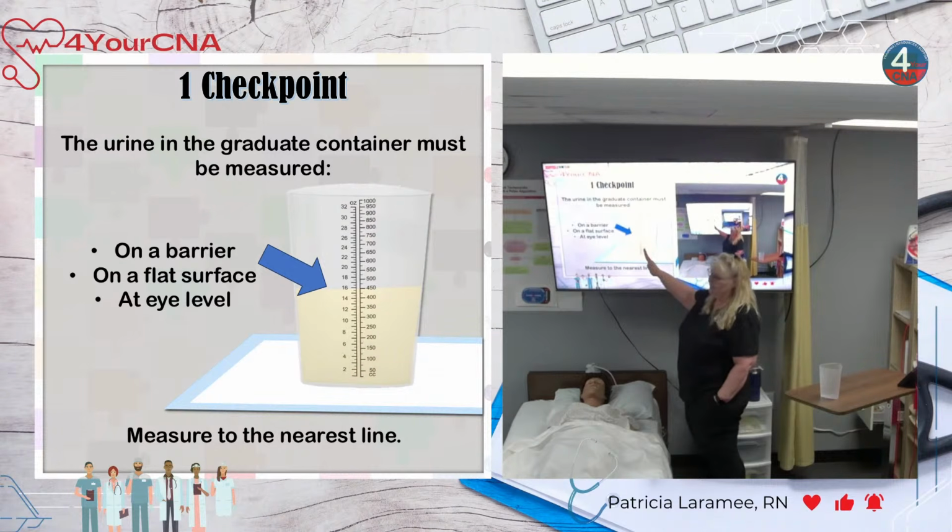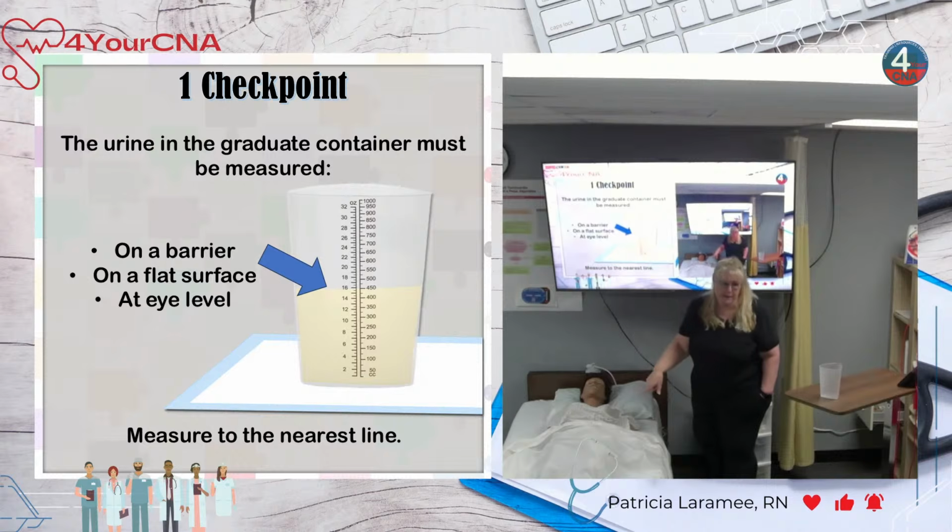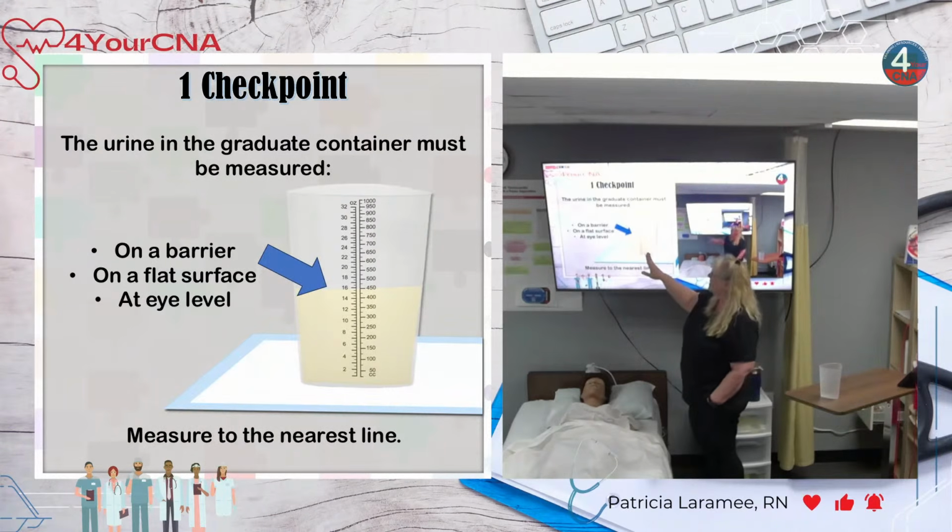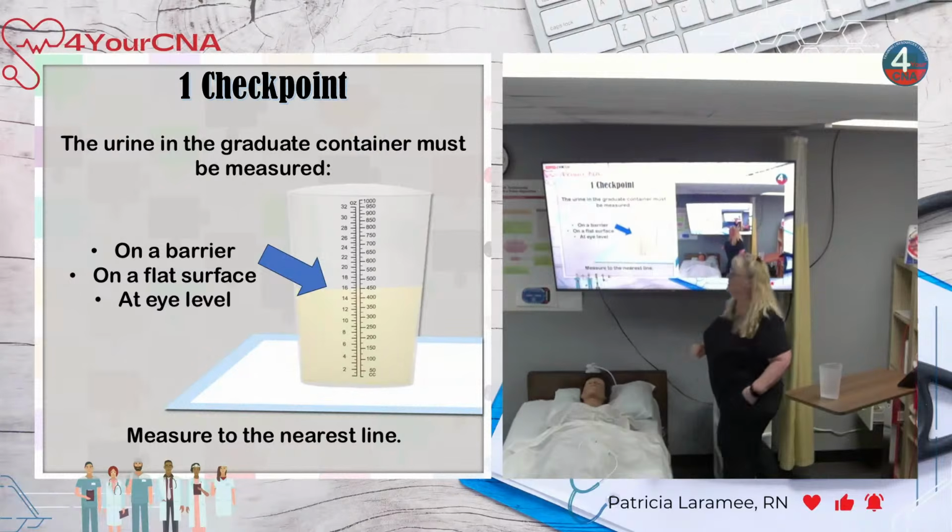When we're ready to measure, we need to measure this on a barrier, on a flat surface, and at eye level. So I can't measure this when it's on the floor because I am not at eye level. So I'm not measuring this when it's on the floor by the patient. I'm going to take this whole thing, the barrier wrapped around the container, to the bathroom to measure it. And I'm going to make sure it's on a barrier, on a flat surface, and at eye level.